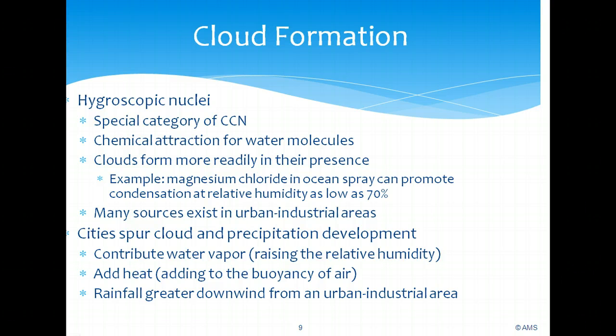Interestingly enough, urban and industrial areas have many sources of hygroscopic nuclei, and this helps to explain why localities downwind of large cities tend to become somewhat cloudier and rainier than the upwind localities of these same cities.